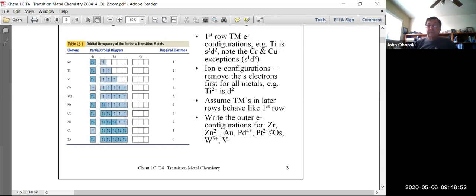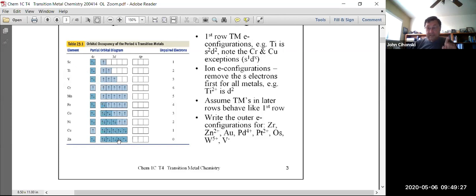If we have zinc, what would that electron configuration be? If we were to write it down for zinc, it would be 4s2 3d10. And if we said, okay, for zinc 2+, we remove 2 electrons, so what would that be?